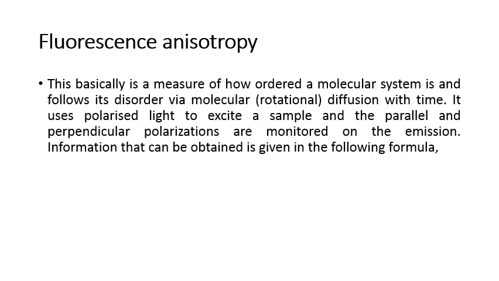First one is fluorescence anisotropy. Basically, this is a measure of how ordered a molecular system is and follows its disorder via molecular rotation or diffusion with time. It uses polarized light to excite a sample, and the parallel and the perpendicular polarization are monitored.